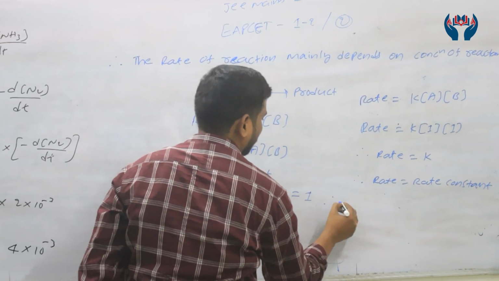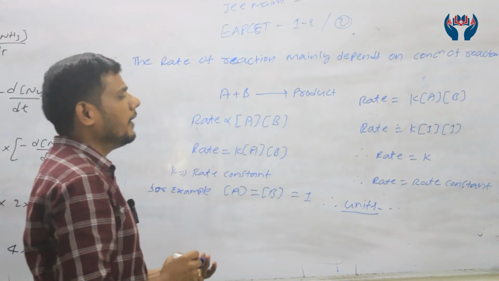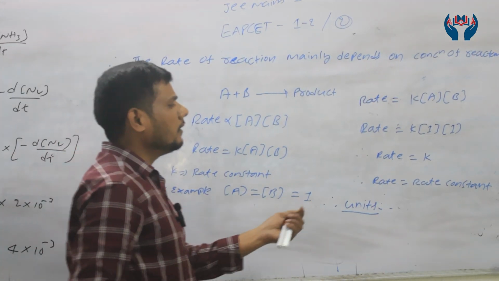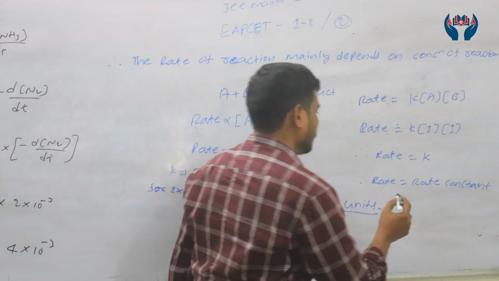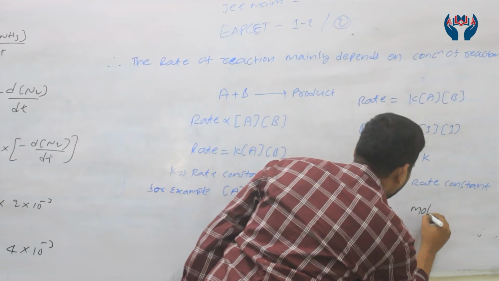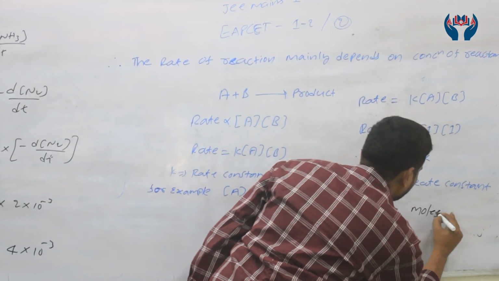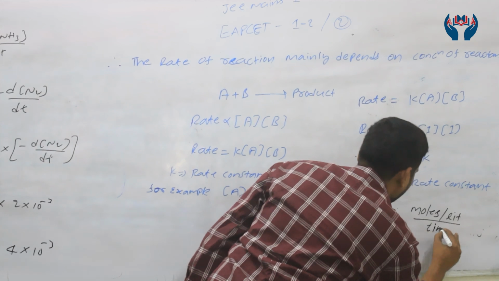Therefore, units. What are the units of rate constant? The rate constant also depends upon the reactants. That's why the rate constant units are equal to moles per liter, concentration, per time.